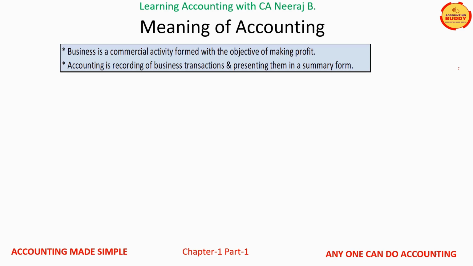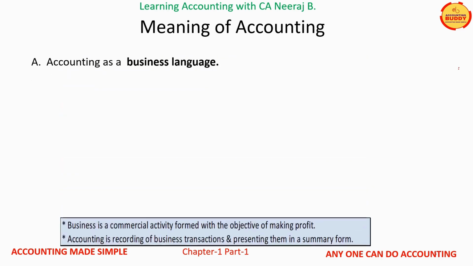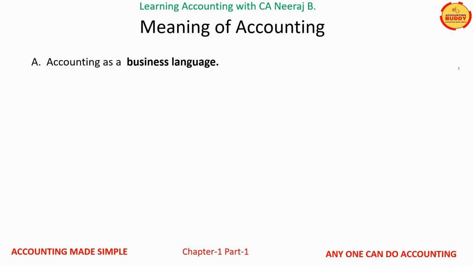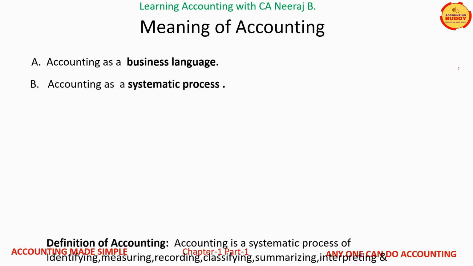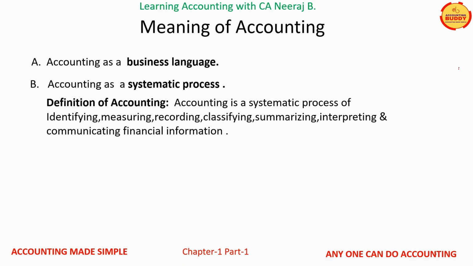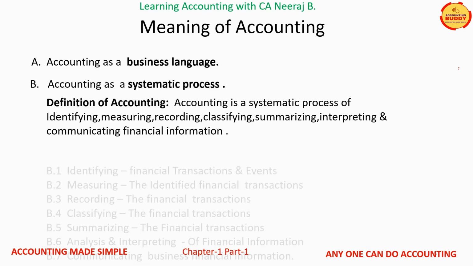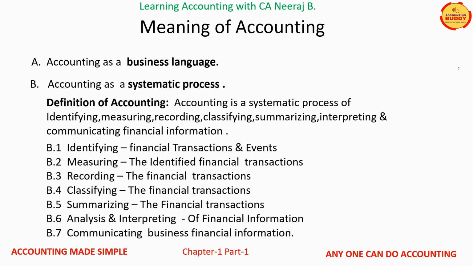We will divide our understanding of accounting into two parts: accounting as a business language and accounting as a systematic process. In a nutshell, accounting is nothing but a systematic process of identifying, measuring, recording, classifying, summarizing, interpreting, and communicating financial information. All these seven pillars of accounting will be discussed in detail in our subsequent slides.